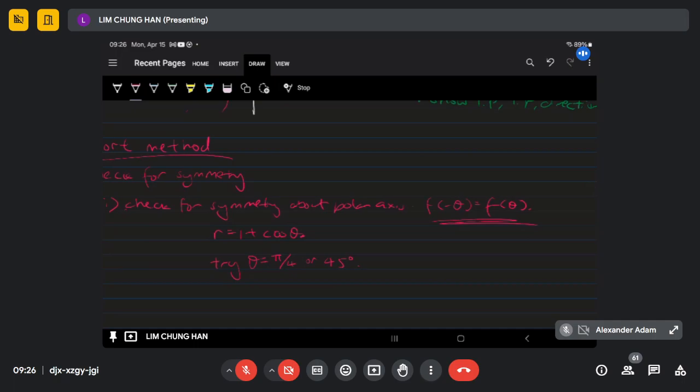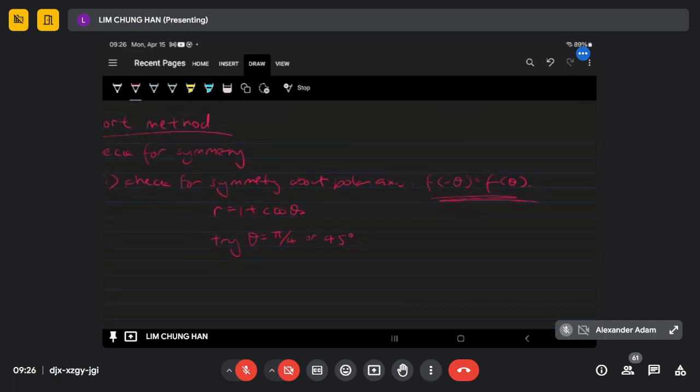So basically what this is saying is, when you put in negative pi over 4, you should get the same answer as when you put in pi over 4. So let's try. When theta is negative pi over 4, what is r?